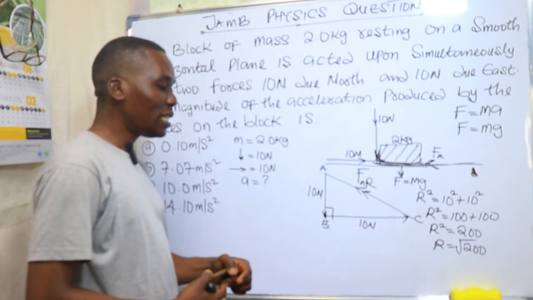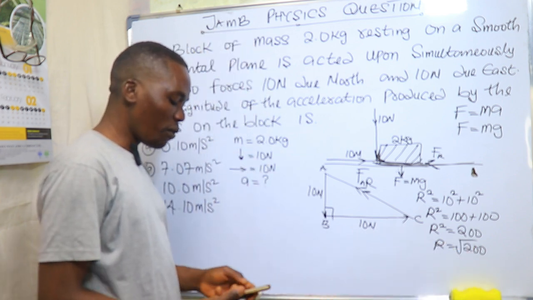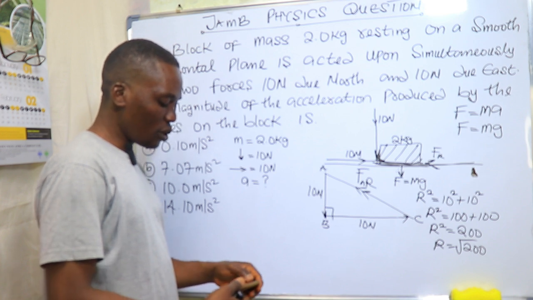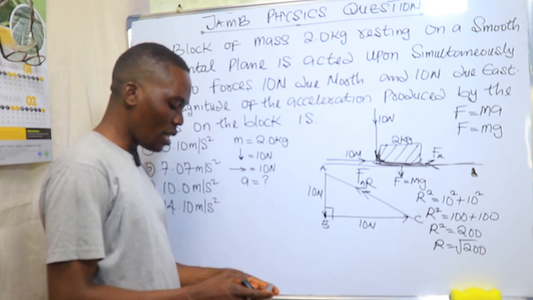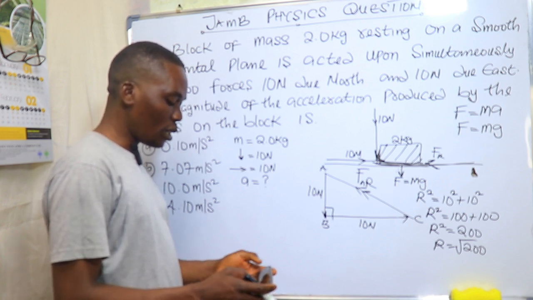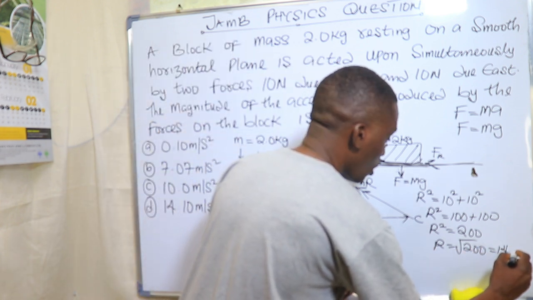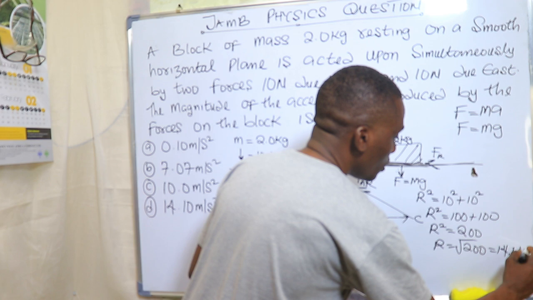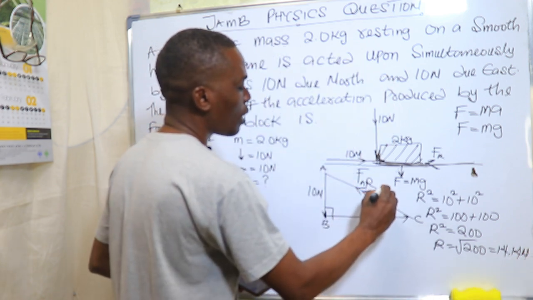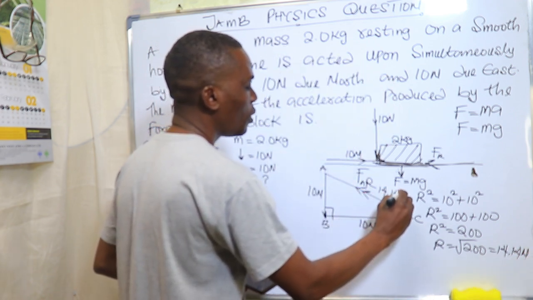Now make we find the square root of 200. The square root of 200 go give me 14.14 Newton. So this one now na 14.14 Newton.